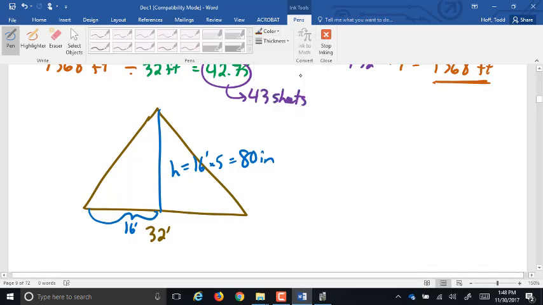For doing sheeting, I need that converted into feet. So converted into feet, 80 over 12 reduced to a mixed number is going to be 6 2/3 feet, correct?